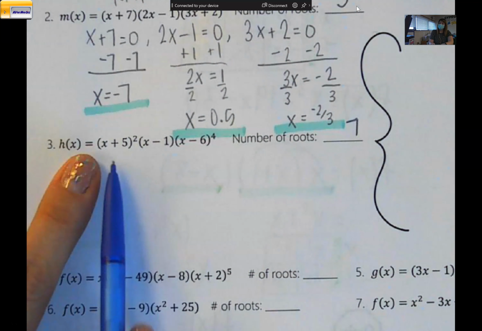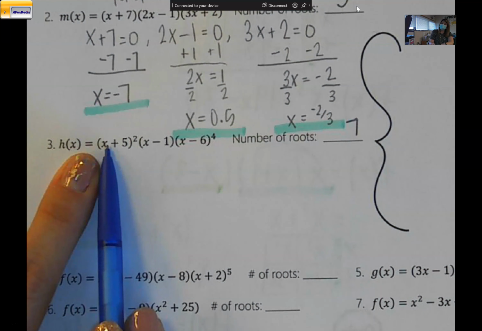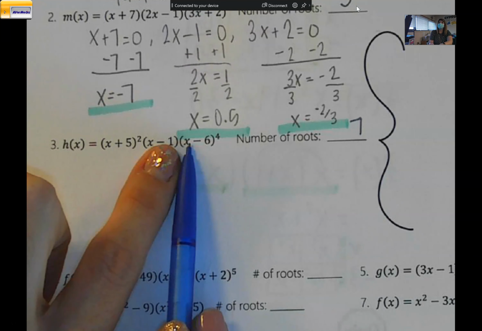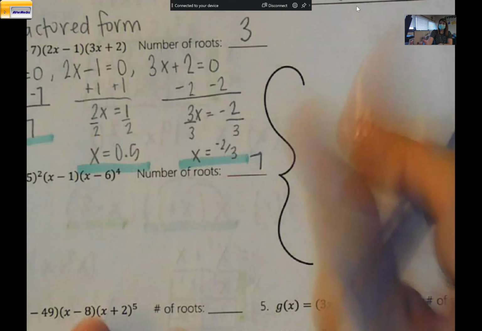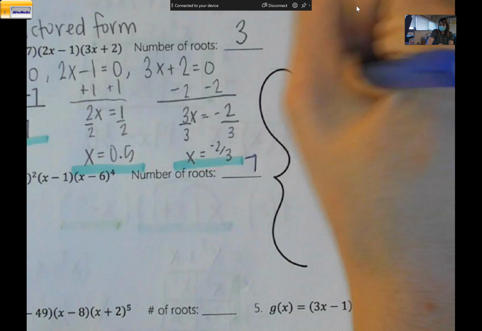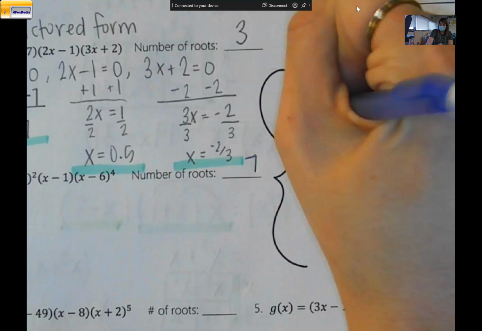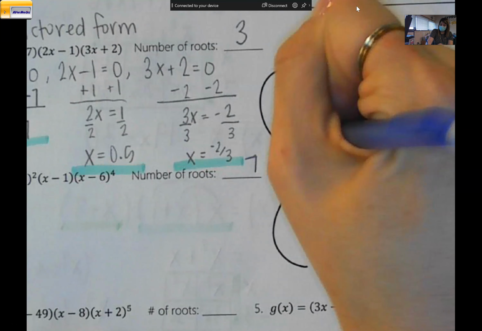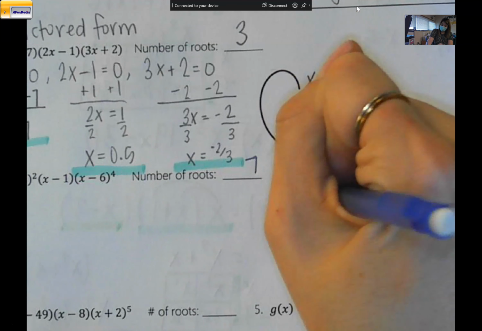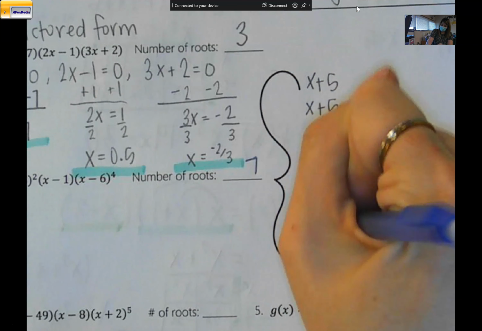Okay, so you have 2 x's here, 1 x here, and another 4 x's here. Because what this expands to is the following: x plus 5, x plus 5, x minus 1, and then x minus 6 4 times.